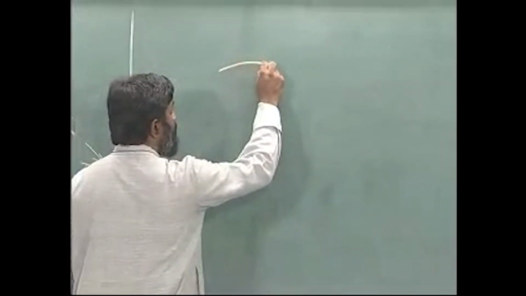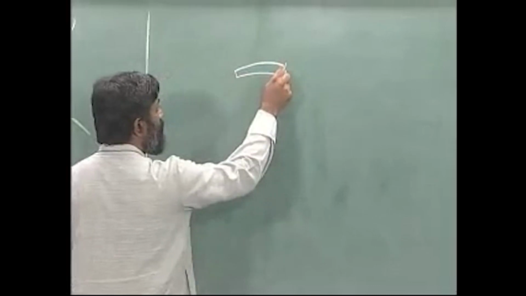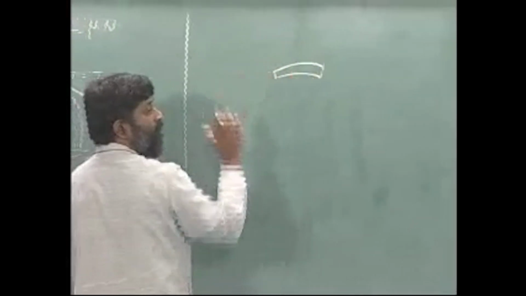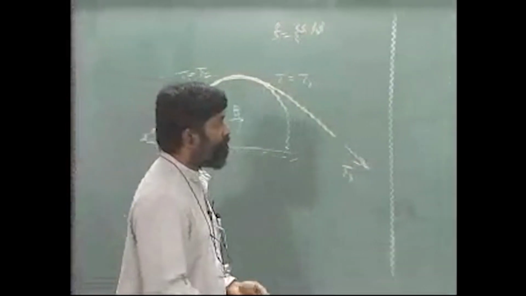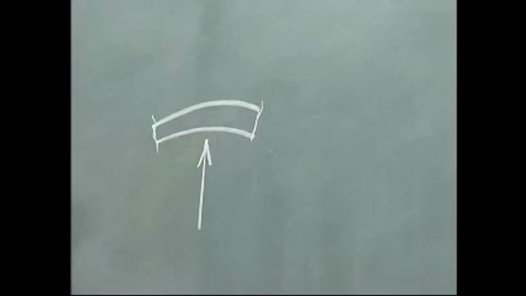So, let us say I am just taking this small belt region that I have shown over here, and I have separated the surface. The moment I separate the surface, there is a normal reaction that acts on it.